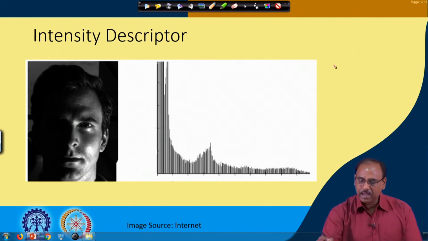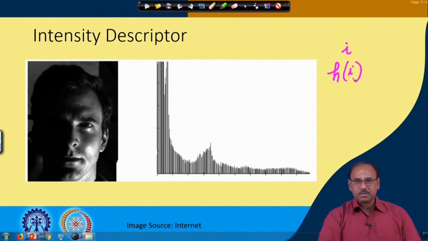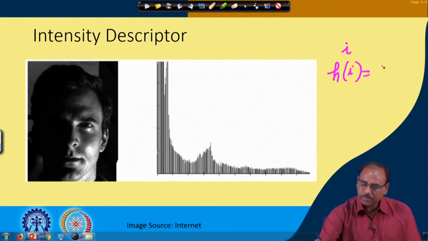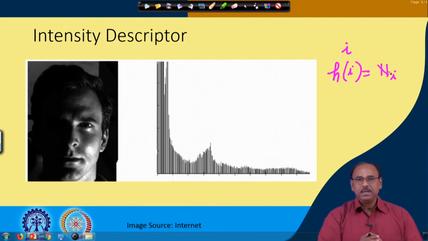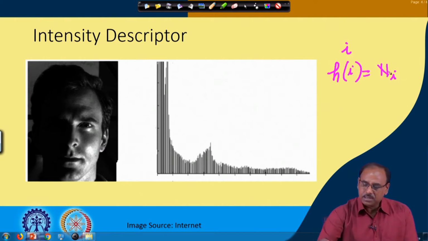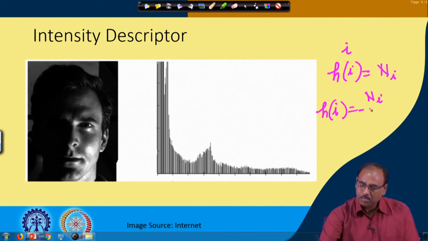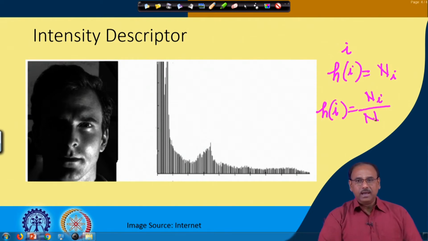If I take an intensity value, say I, then the histogram H(I) tells me how many times this intensity I appears within the given image, or in other words, H(I) tells me the number n_I, that is, how many pixels within the image have intensity value I. If I normalize this histogram, that means if I put it as H(I) equal to n_I by capital N, where capital N is the total number of pixels in the given image and n_I is the number of pixels having intensity value I.